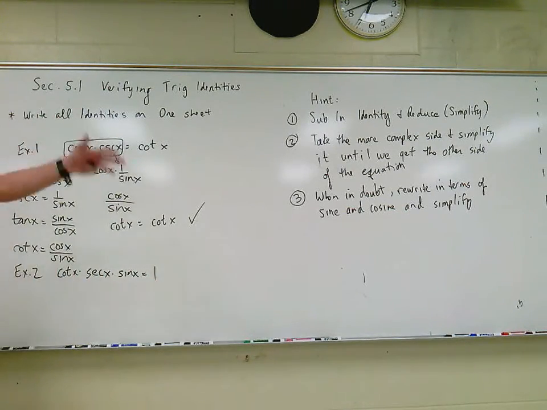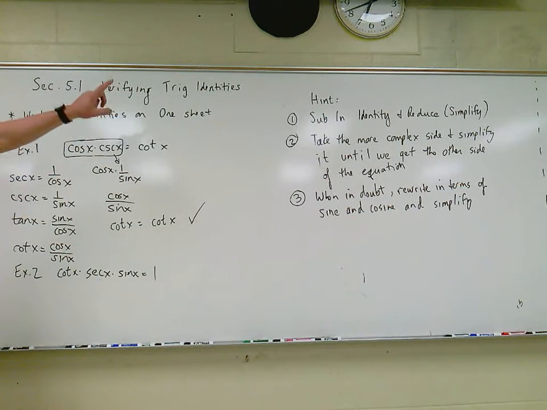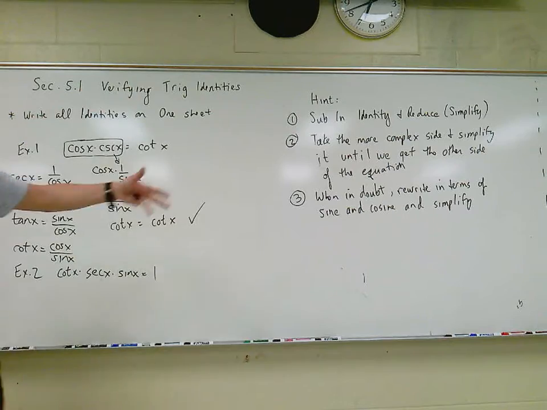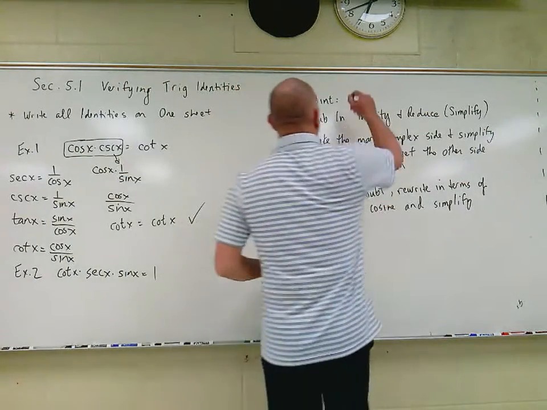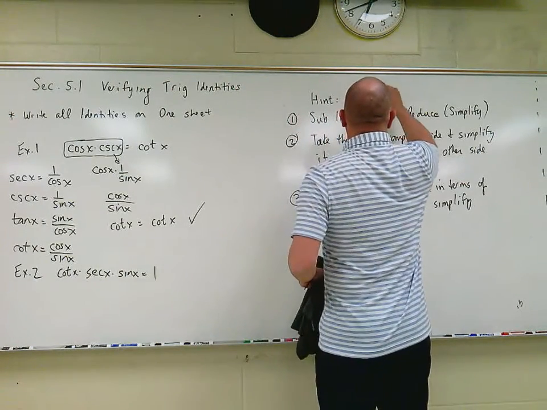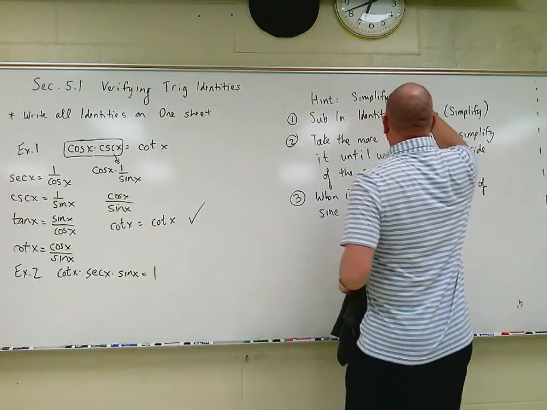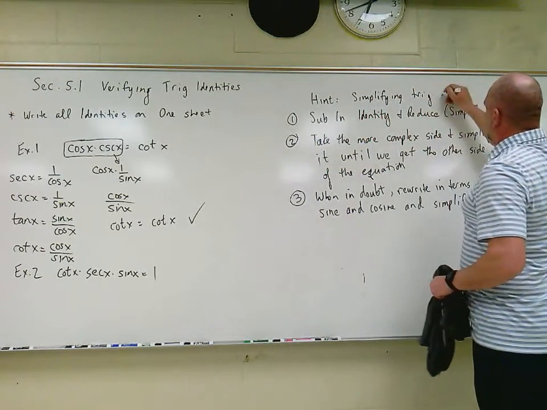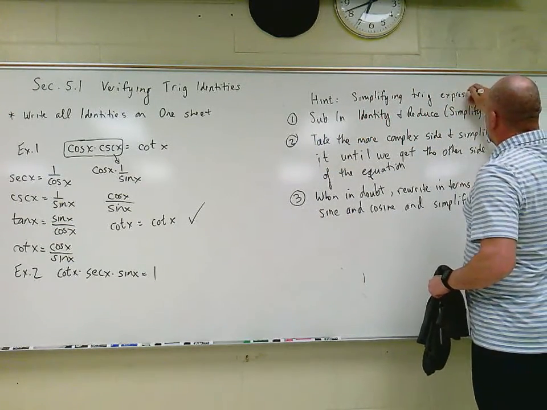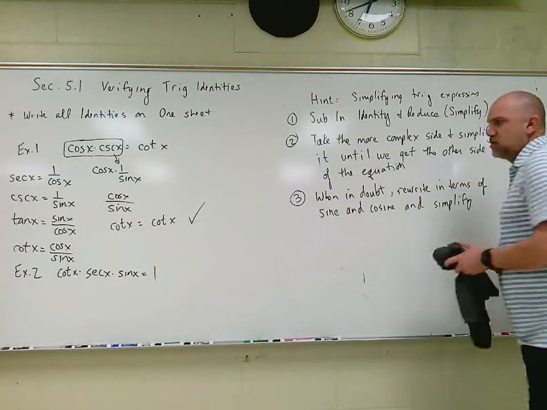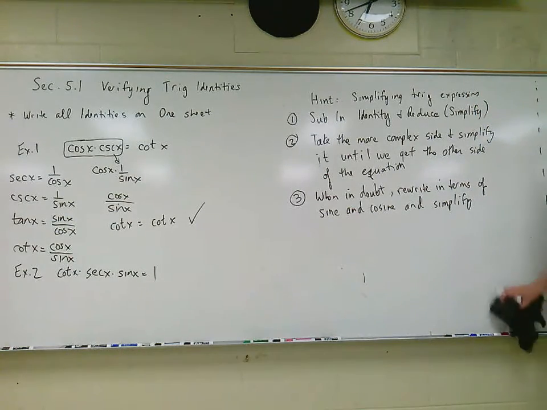So again, there are more hints than this, but I'm trying to give hints where you would use these here. So hints for simplifying a trig expression. All right. So cotangent times cosecant times sine is equal to 1. So obviously we know which side is more complex.